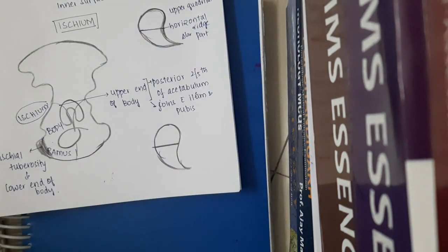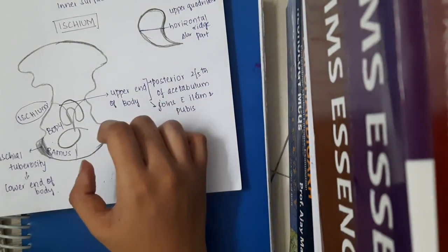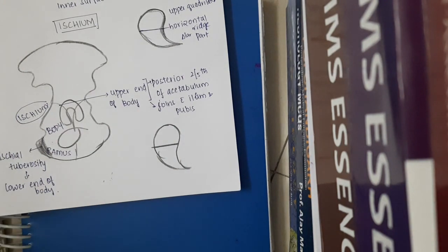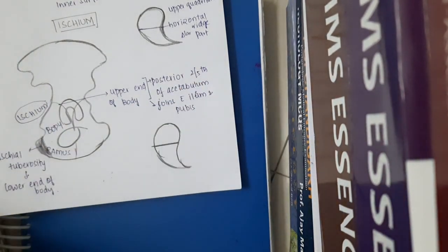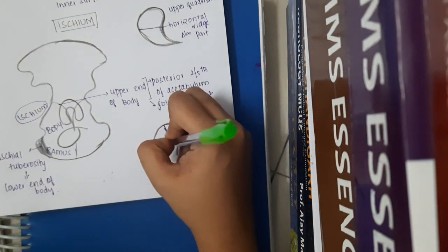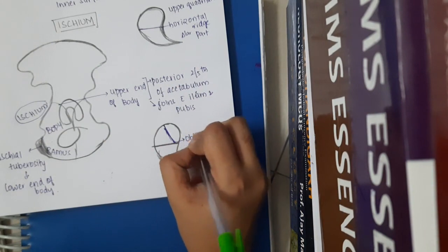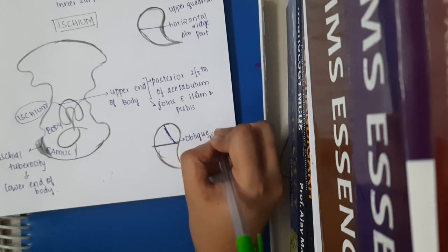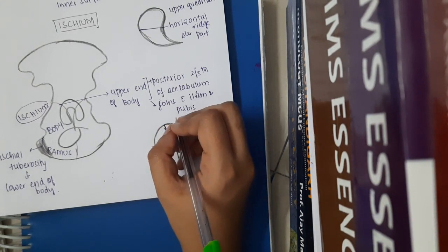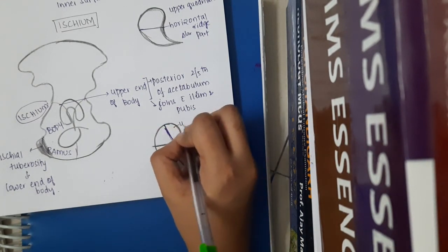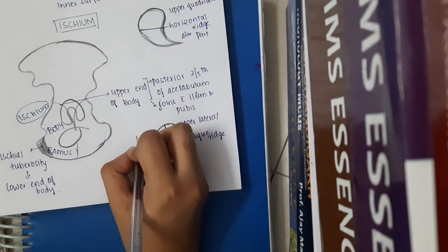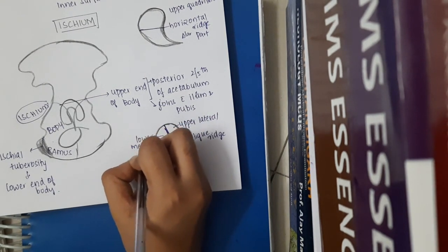Now the upper quadrilateral part is subdivided by an oblique ridge into an upper lateral part and a lower medial part.